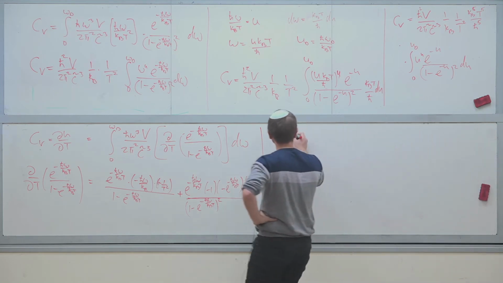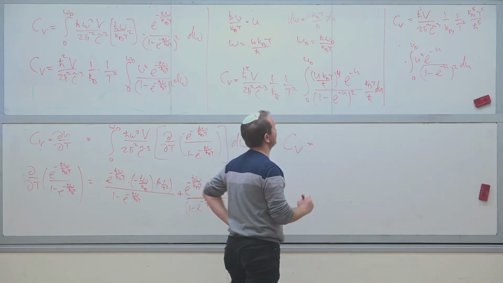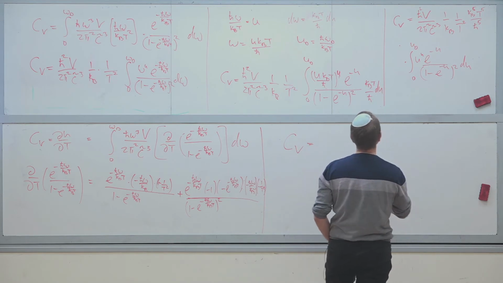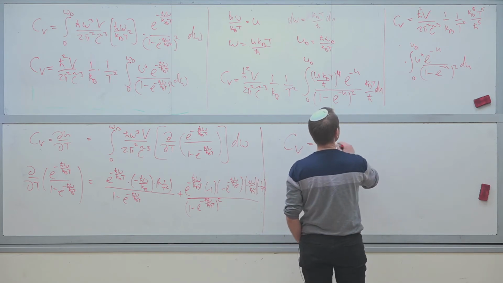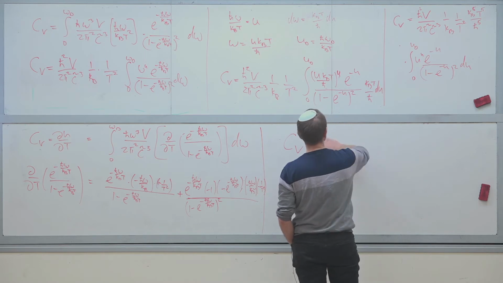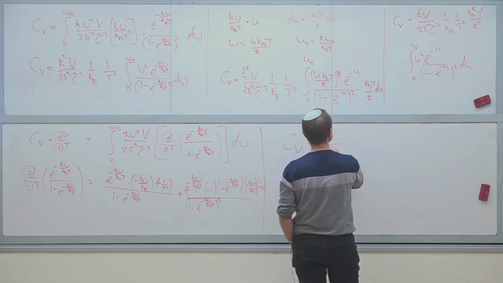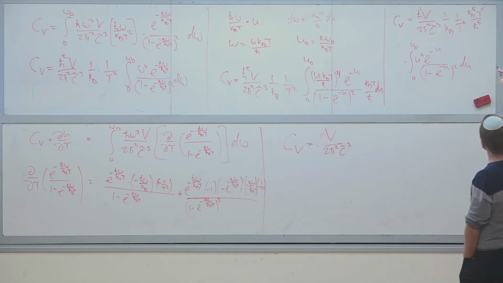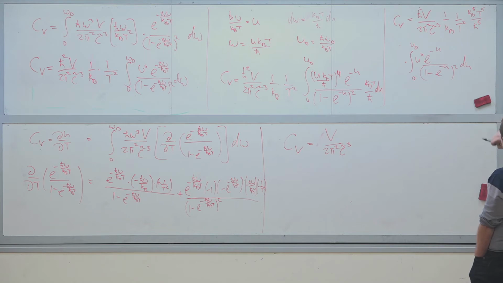So C_V, let's look at what we have inside. We have V divided by 2 pi squared c tilde to the third. Now let's deal with all this k Boltzmann, T and h bar.